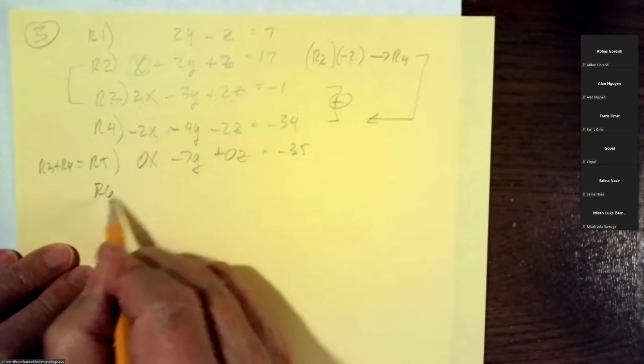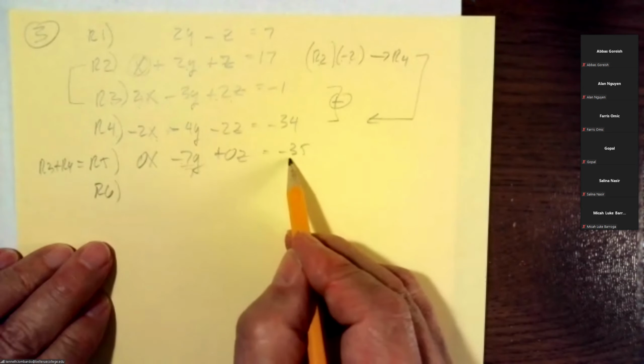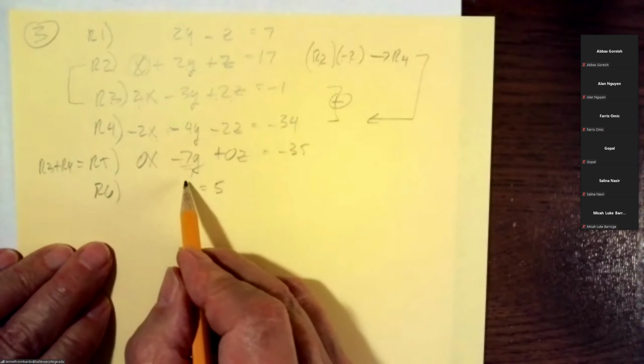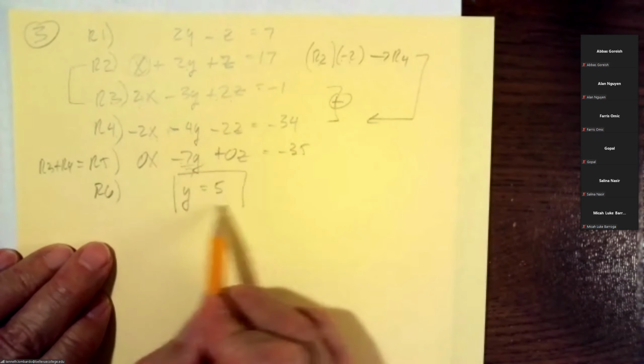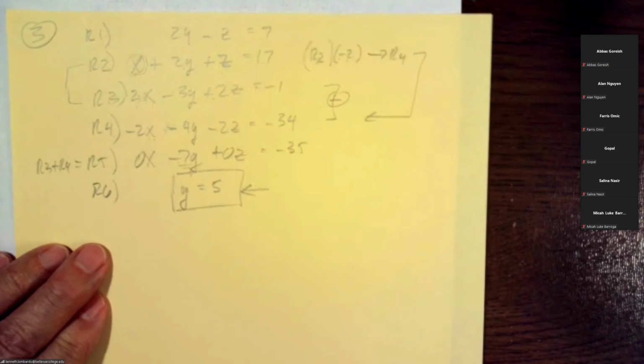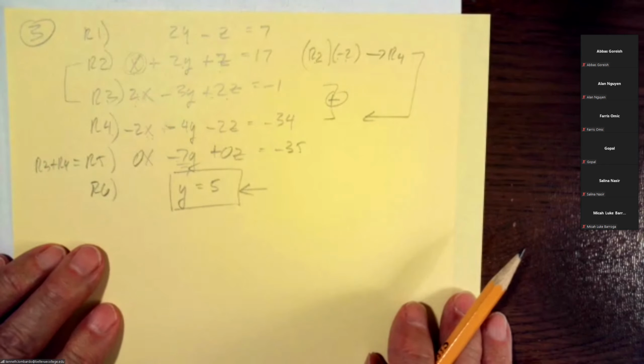And I could call this row 6 if I want to, and divide each of these by -7, and I'll get y equals 5, won't I? Okay, and I'm going to stop right there and make sure that everybody agrees on what we did, why we did it, and how we did it.